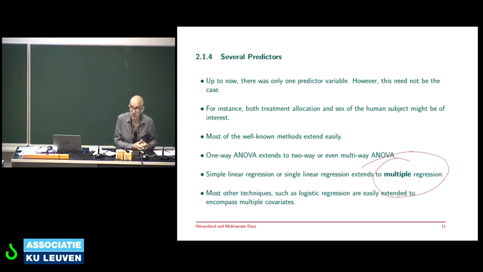Multi-way ANOVA, if all of those covariates are categorical or binary, then you may have, for example, treated, untreated patients, male and female, and that would give 2 by 2 is 4 different groups. It would be a multi-way ANOVA. But if all of them are continuous, or some of them are continuous, I mean the X variables, the independent variables, we talk about multiple regression.